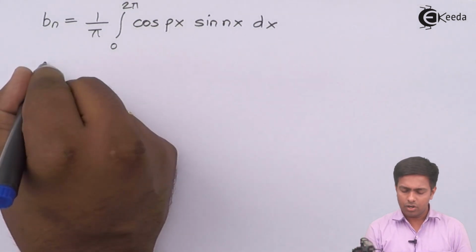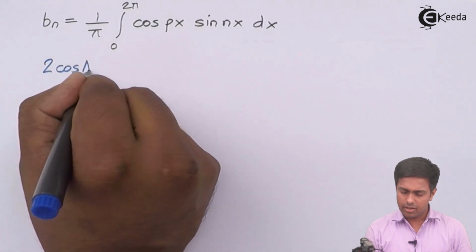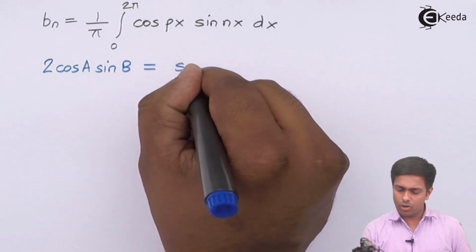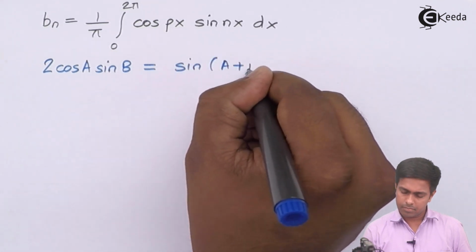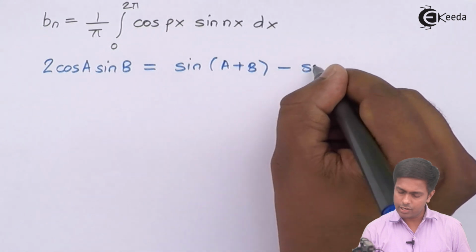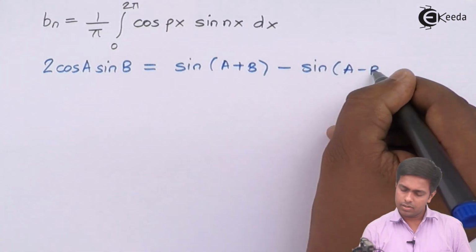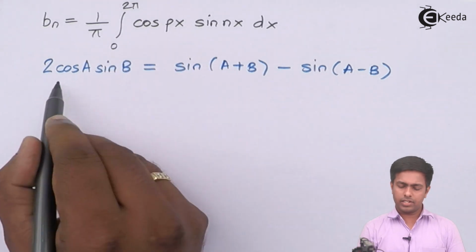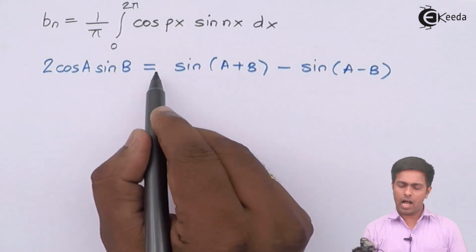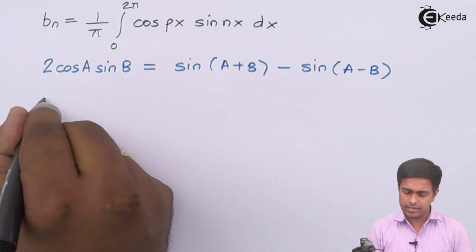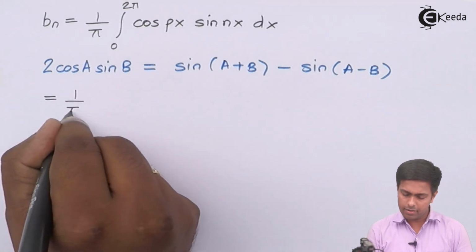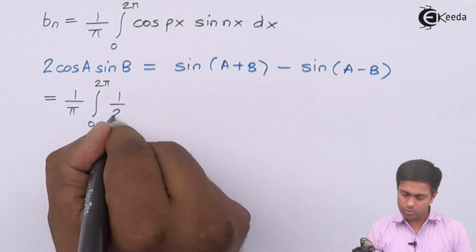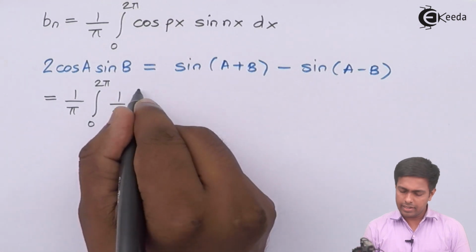By defactorization, 2 times cos a into sine b is given by sine of a plus b minus sine of a minus b. So guys, I am going to use this formula. Now we don't have 2 here, so I'll shift 2 to the right hand side, so we'll get half here. So this is nothing but equal to 1 by pi integration 0 to 2 pi, then 1 by 2 here in the bracket.